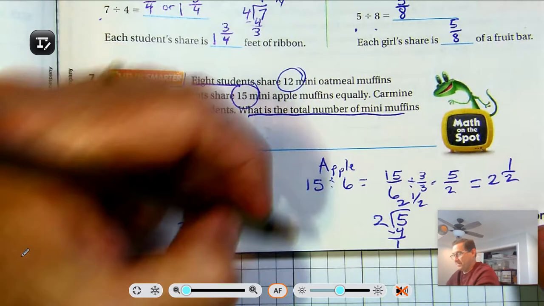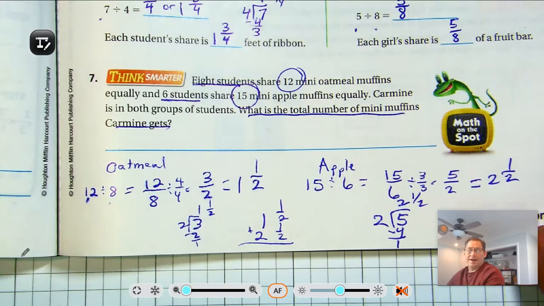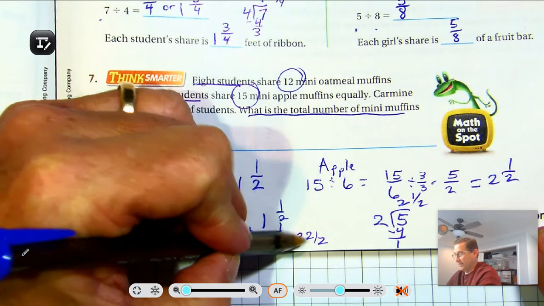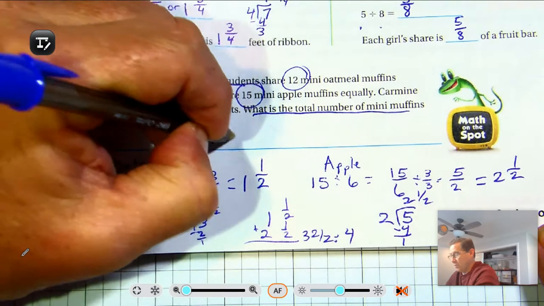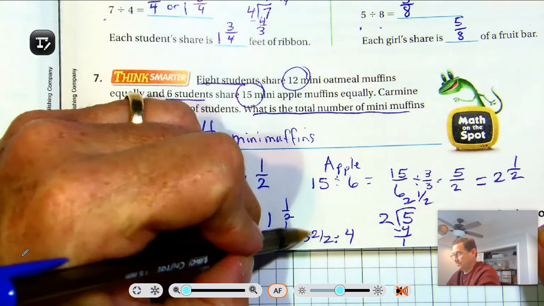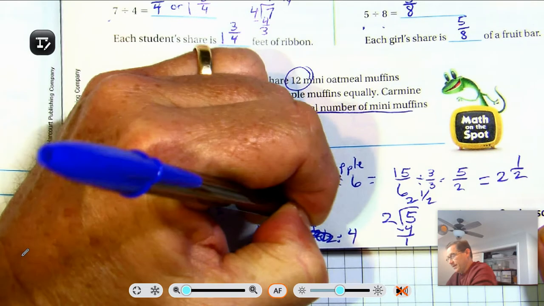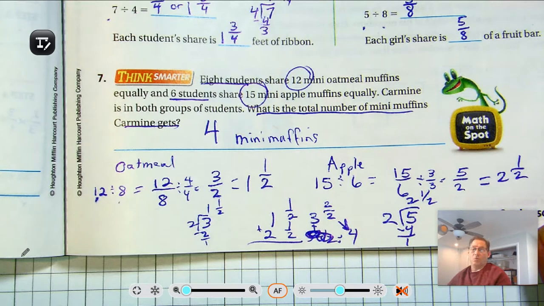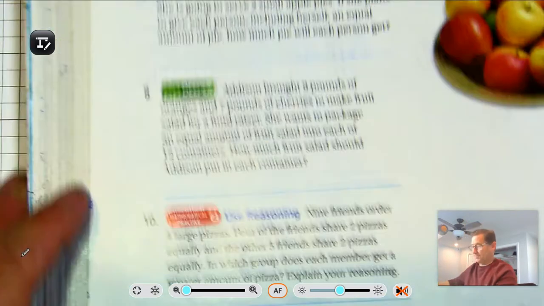So 2 1/2 plus 1 1/2. A half plus a half is 2 halves, and 2 plus 1 is 3. So 3 and 2 halves equals 4. 4 mini muffins.